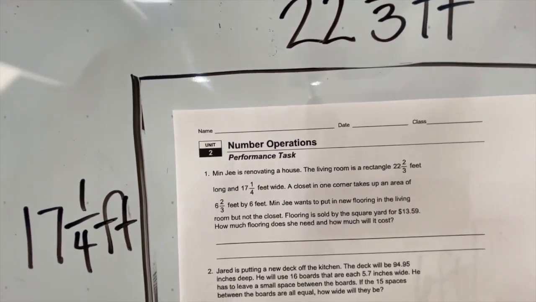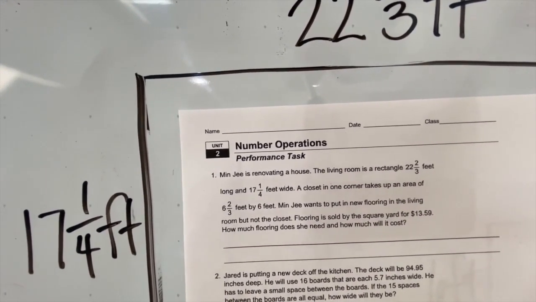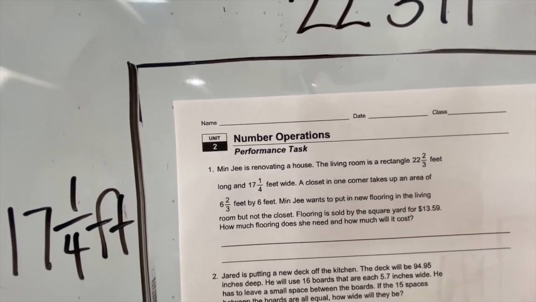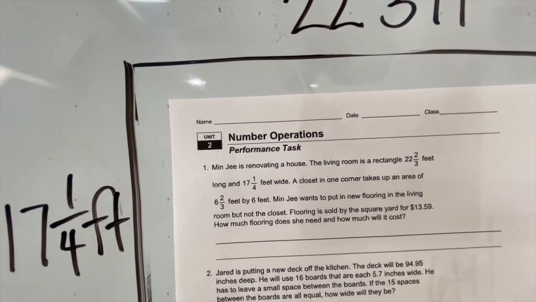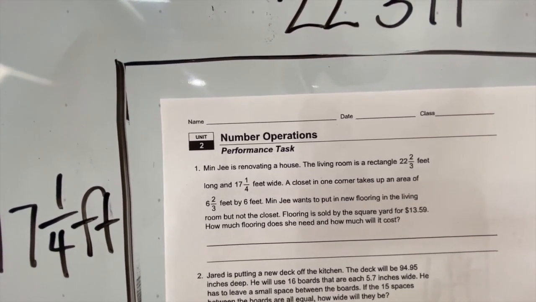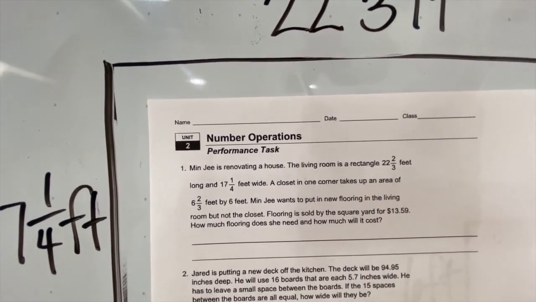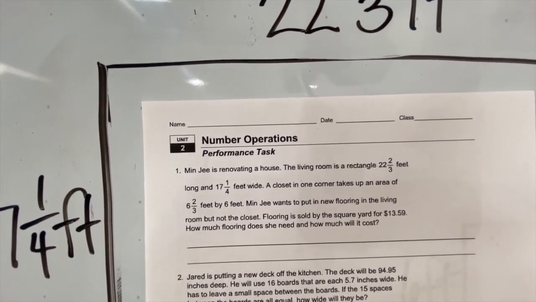A closet in one corner takes up an area of 6 2/3 feet by 6 feet. Minji wants to put in new flooring in the living room, but not in the closet. Flooring is sold by the square yard for $13.59. How much flooring does she need, and how much will it cost?